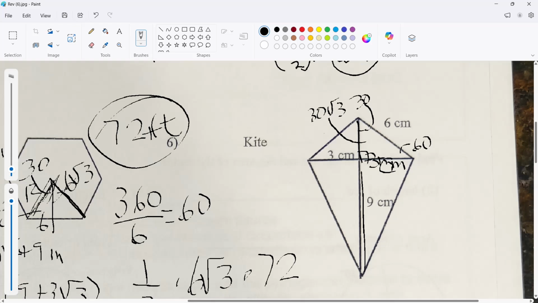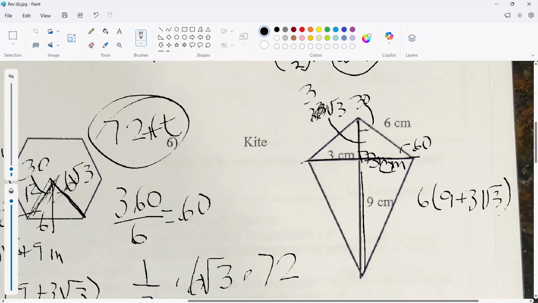I know that the one diagonal is 3 plus 3 is 6 times 9 plus, not 30 square root of 3. 3, why did I put 30? How come you didn't correct me? 3 square root of 3. 9 plus 3 square root of 3. Why did I put 30? I do not know.